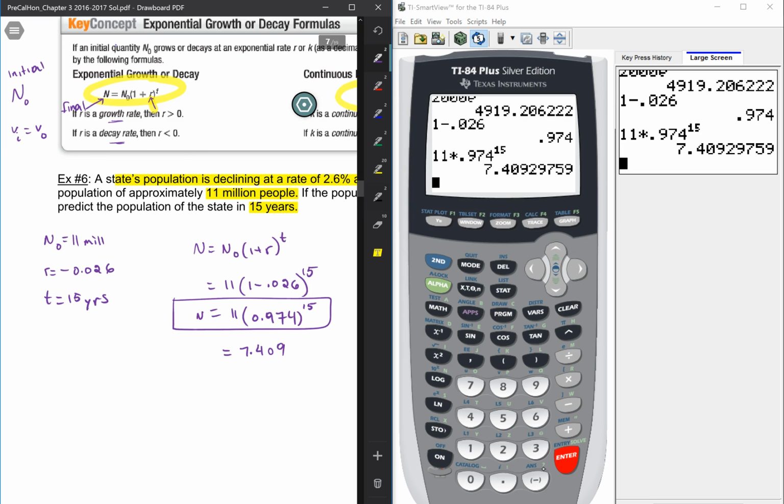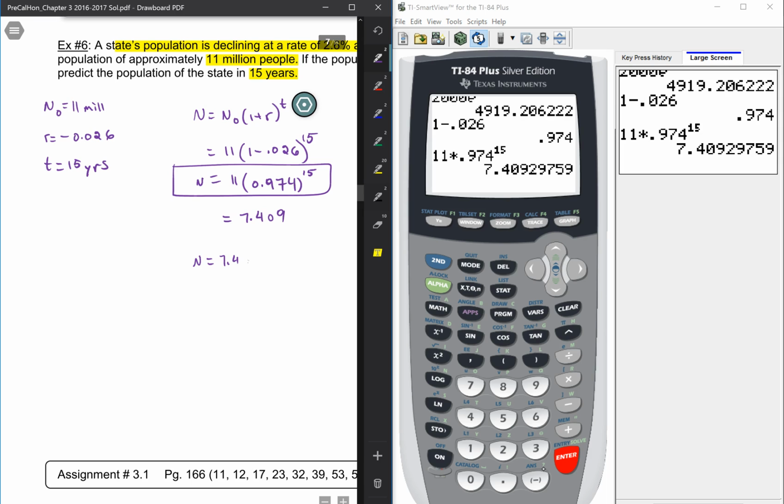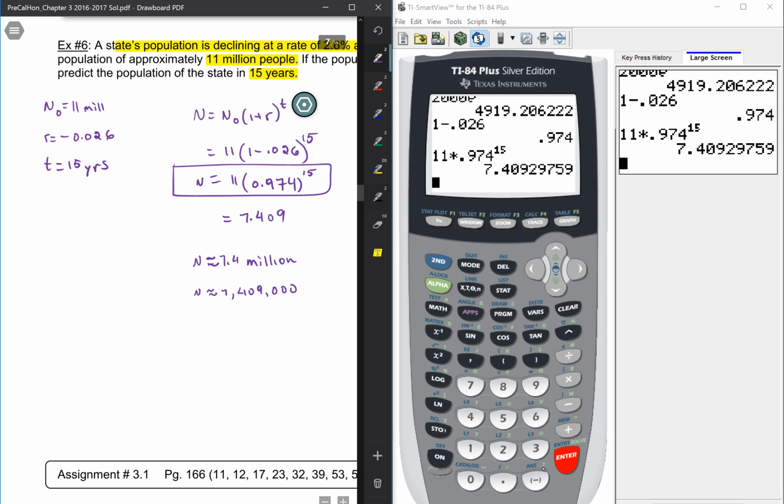Okay, what does that mean? Does that mean that after 15 years there are 7.4 people left in the state? I don't think so. Remember, this was all in millions. So N is, you can either say 7.4 million, okay, and this is approximately 7.4 million because we're doing quite a bit of rounding, right? You could also say 7,409,000 people, right?